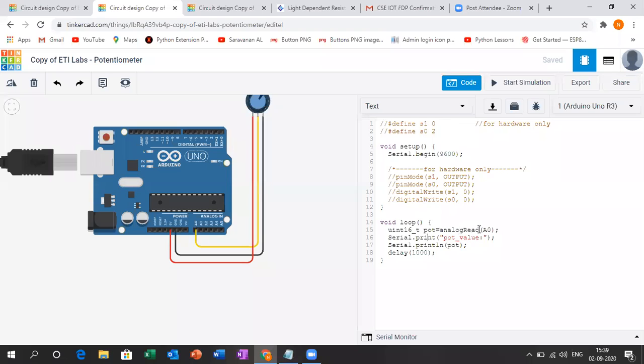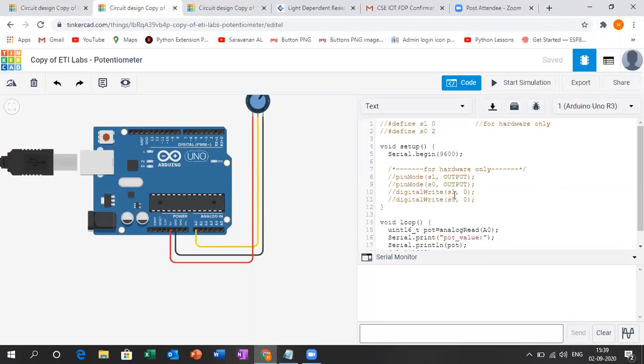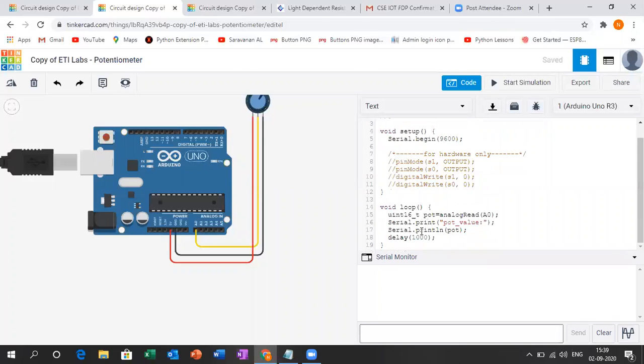The pot variable contains the value of potentiometer resistance, and in the next line I call the Serial.print function, which prints onto the serial monitor. Now this is the coding part. It is over with a delay of 1 second. Every 1 second we see a value.